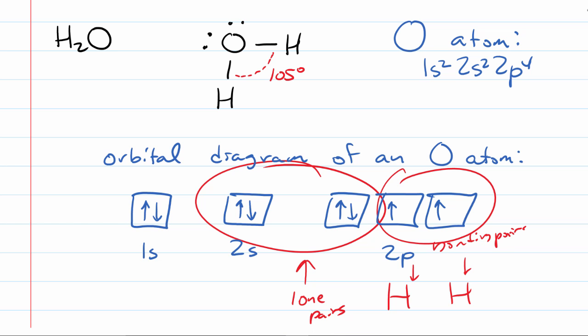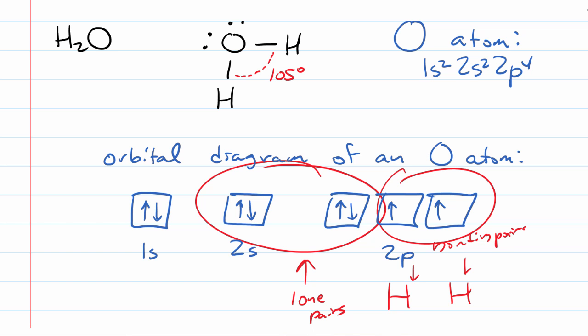We don't find them at 90 degrees. What we find them at is about 105 degrees. And so if you think back to what we did the other day, we were taking these sticks. We started actually with balloons, and we said that those balloons represented these electron pairs in 3-dimensional space.